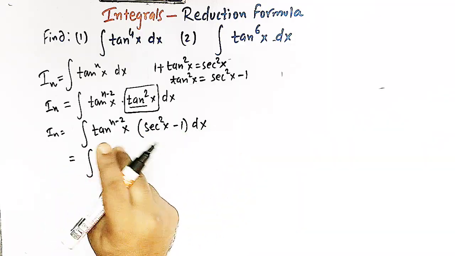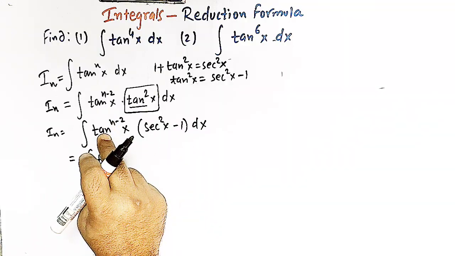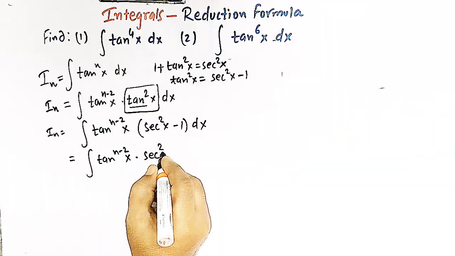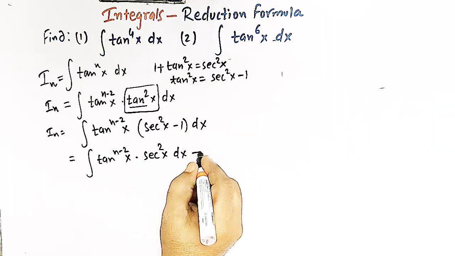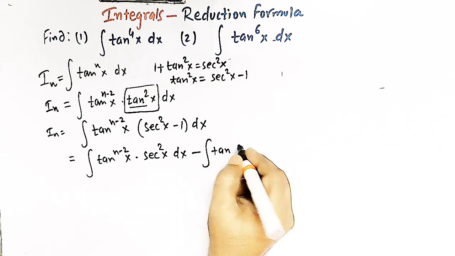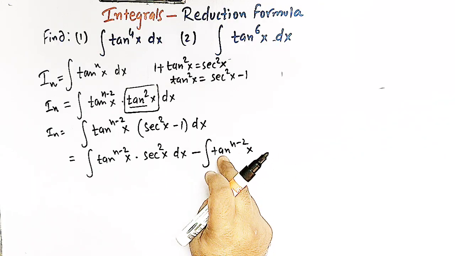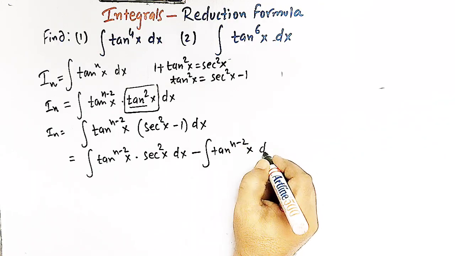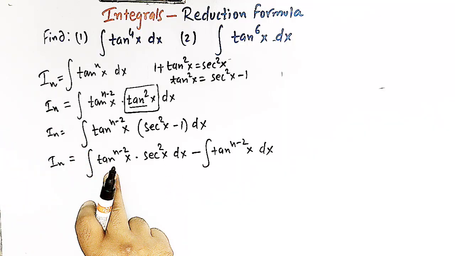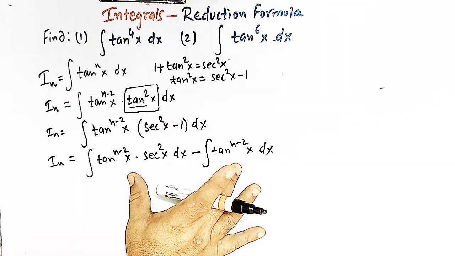So now multiply here by this quantity, that is tan n minus 2 x times secant square x dx, and then we have another integral, that is tan n minus 2 x times 1, that is tan n minus 2 x dx, right? So now our integral I n is given by the difference of these two integrals, right?